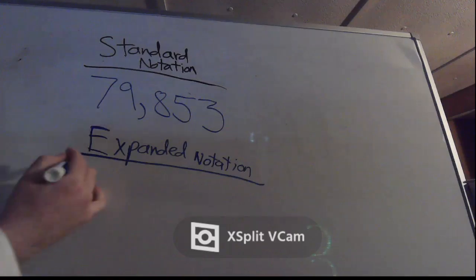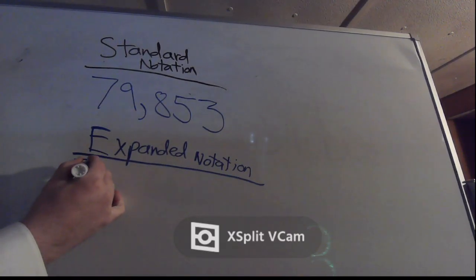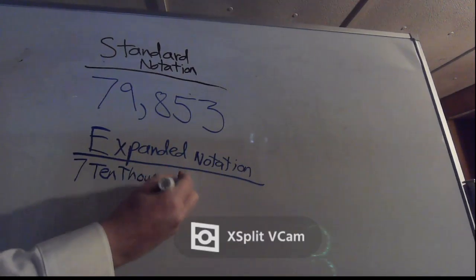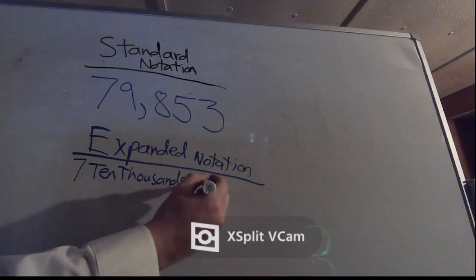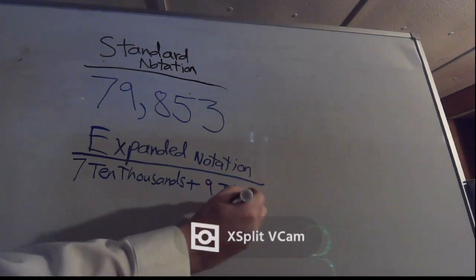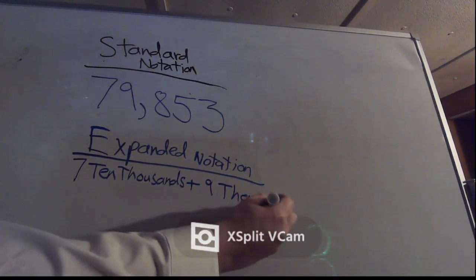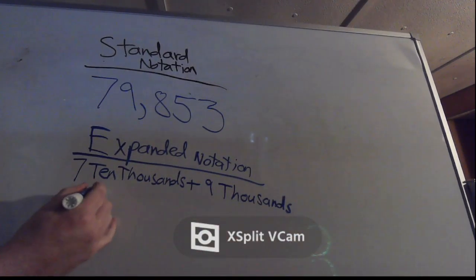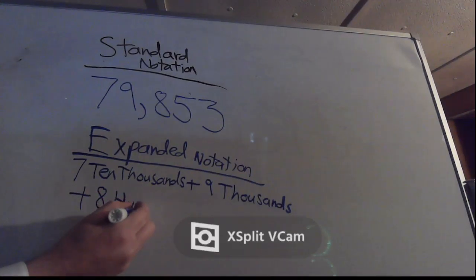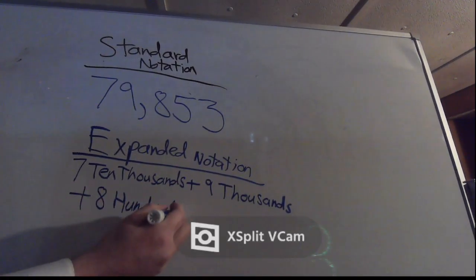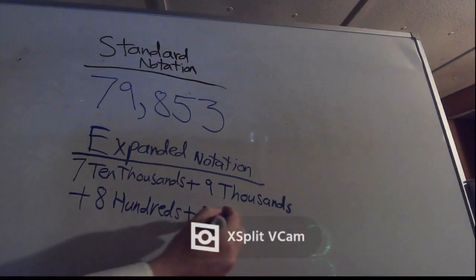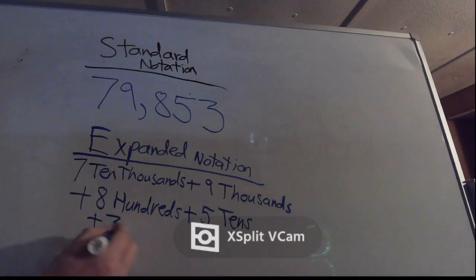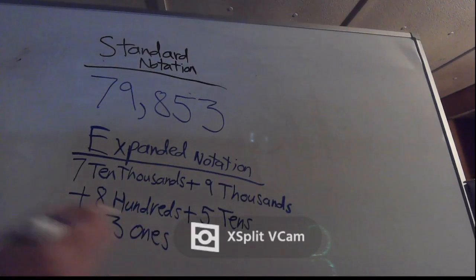we are going to have 7 10,000s, because that's in the 10,000s place, plus 9,000s, because we are in the thousands place, plus 800s, because that's 8 in the hundreds place, plus 5 10s, because 5 is in the tens place, then plus 3 ones, because 3 is in the ones place.